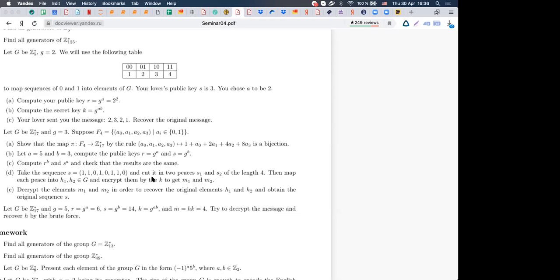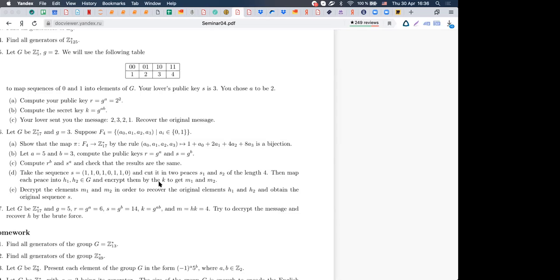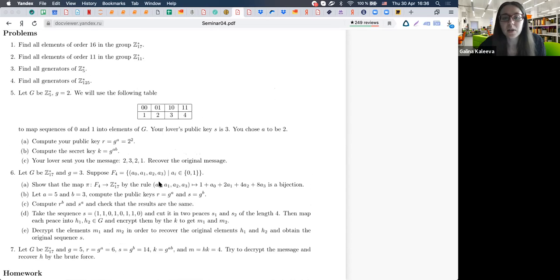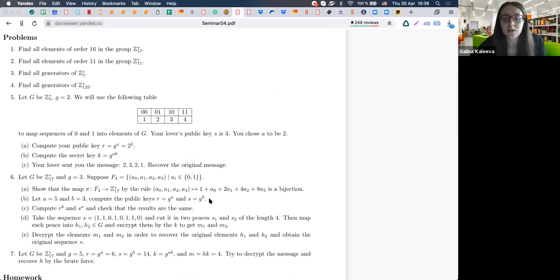And how can we obtain the original sequence? So when we end our decoding procedure, we get a number, actually two numbers, which are the elements of our multiplicative group.